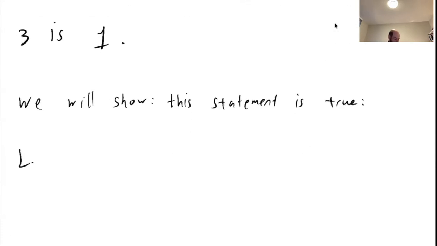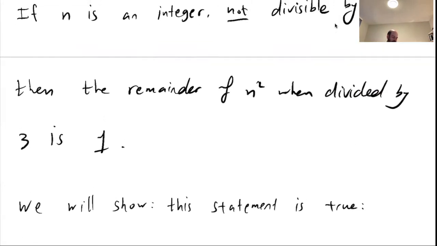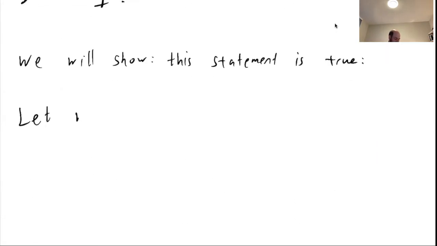Normally when you want to provide a proof which is in general, we can start by saying let, for example, x be a real number, or in this case, let n be an integer, an arbitrary integer, not divisible by 3.